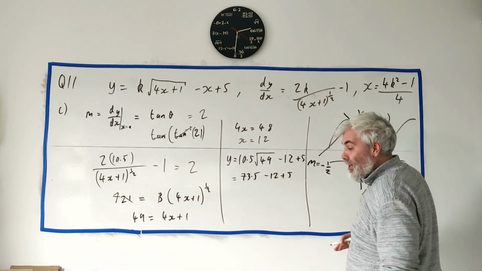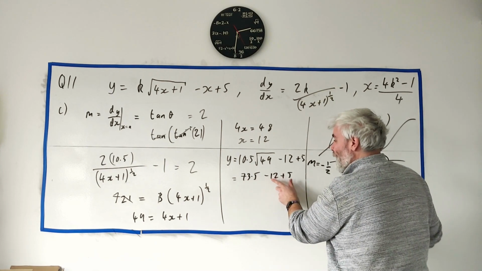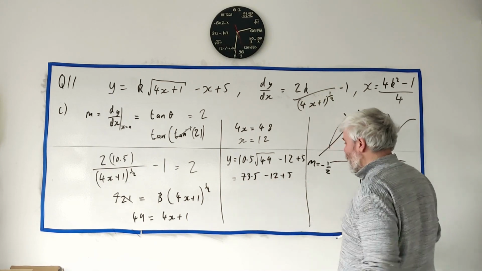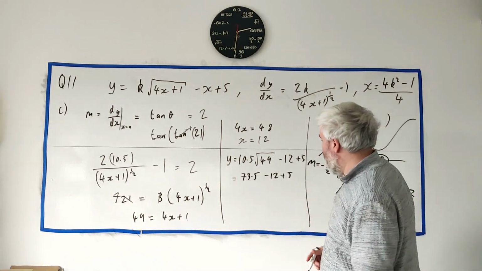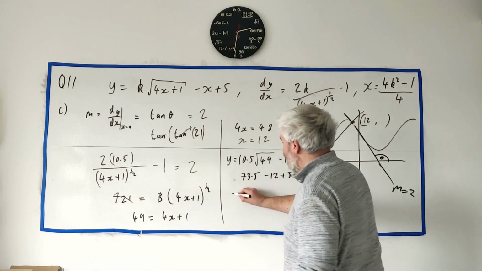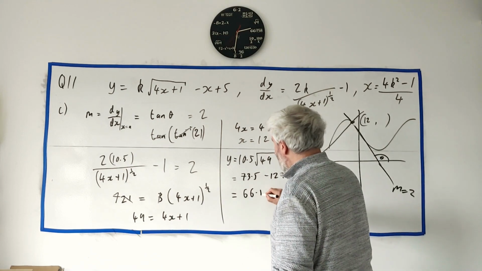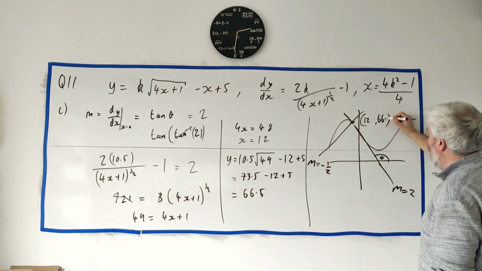Let me try it in my head again while I'm looking at the answer. 73.5 minus 12 is 61.5. If you could see the edit, I said 71.5. Anyway, 61.5 plus 5 is 66.5. So y equals 66.5.